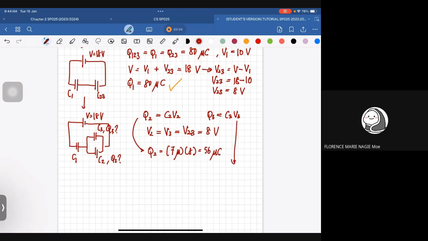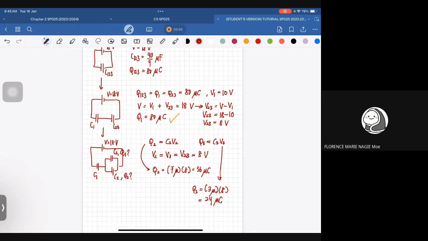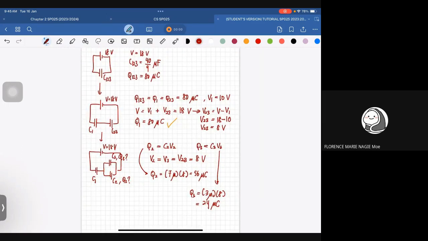Buat lagi untuk charge 3, this is 3 micro times 8. So kamu akan dapat 24 microcoulomb. So yang ini cara cari in reverse lah. Kalau dia minta each capacitor, memang kamu kena buat in reverse lah. Kamu kena double check apa information yang ada untuk setiap circuit.